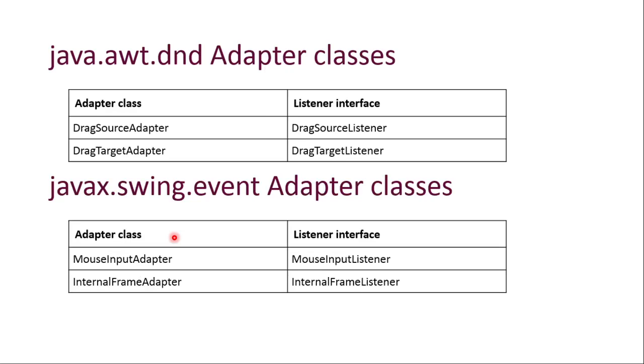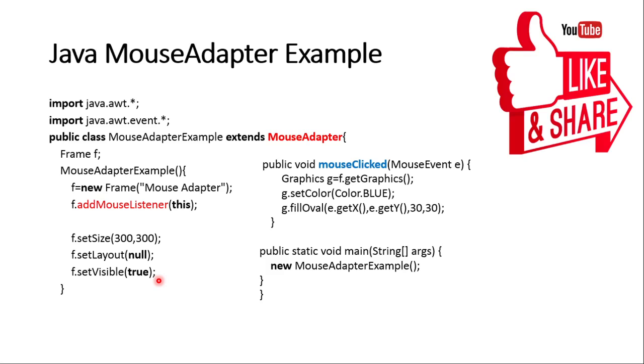And java.awt.dnd, that is drag and drop, we have got classes like drag source adapter, and it is drag source listener. And underneath the javax.swing.event package, we have got mouse input adapter, mouse input listener, and a few other classes as well. So hope you have got the overall idea of what is adapter class.